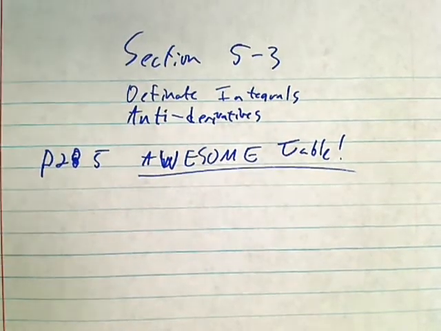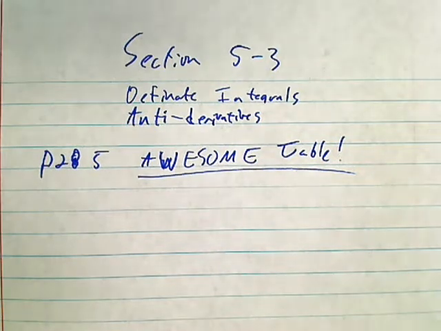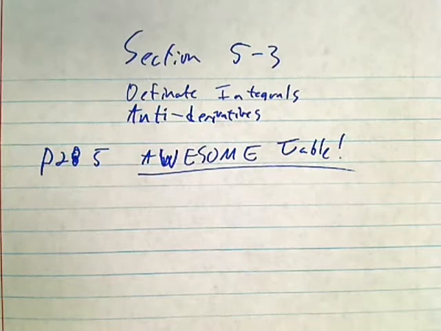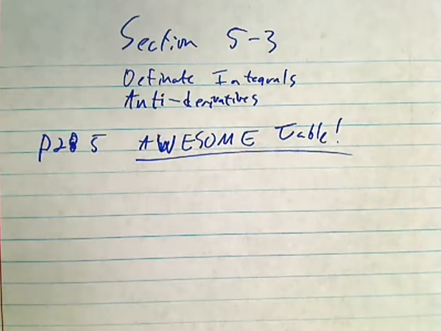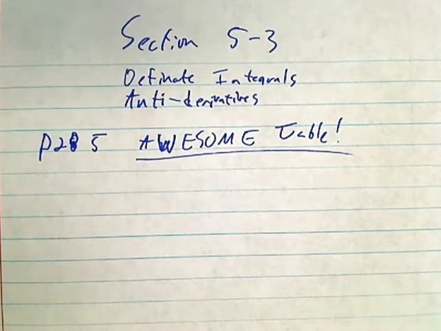Like a multiple of an integral is the same as the integral of the multiple. You know, the constants can go in and out and whatnot. So just look that over. A lot of those things should be intuitive to you based on what we know about derivatives. I'm going to use that later when I do a couple problems from there.